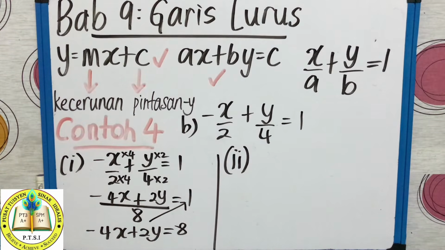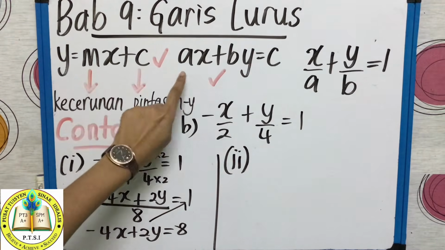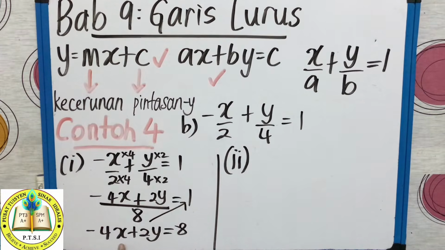Can you see? But this is not the answer yet. Sebab betul. ax, negative 4x. by, 2y. c, 8 number. So, ax plus by equal c. Betul. Tapi belum lengkap lagi. What is not complete there?